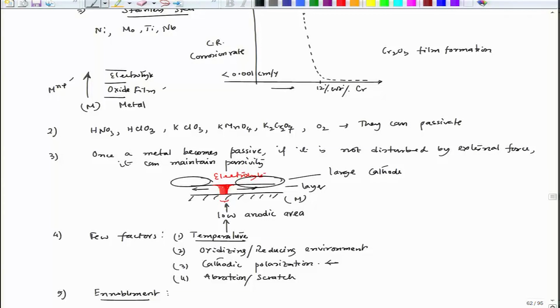Ennoblement due to passivity happens, that means it can change its polarity. This is one instance. In the other case, if we have a very active state, for example iron, if it is active, the potential, that is the corrosion potential, could be in the range of around minus 500 to 600 millivolt.